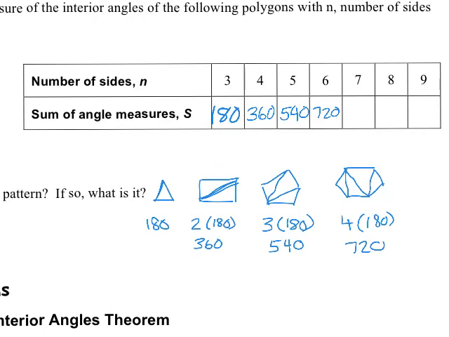Now we need to find some kind of relationship. Is there any kind of relationship between the number of sides and the number of triangles? So here we have 3 sides and how many triangles? 1 triangle, right?